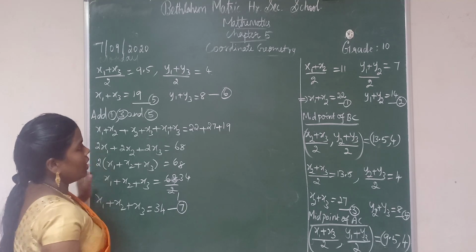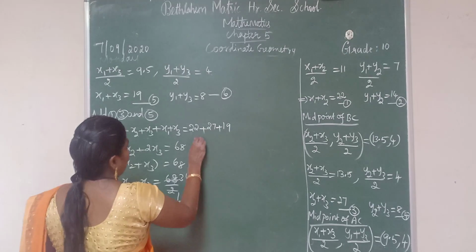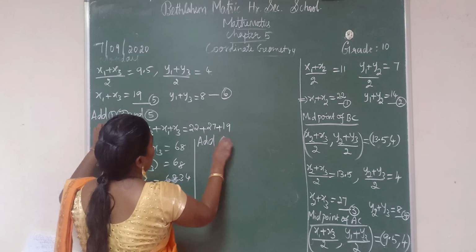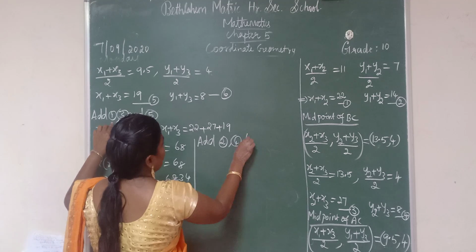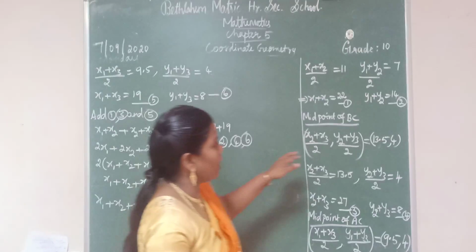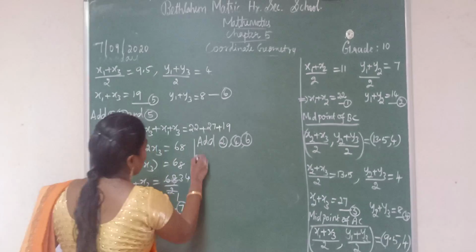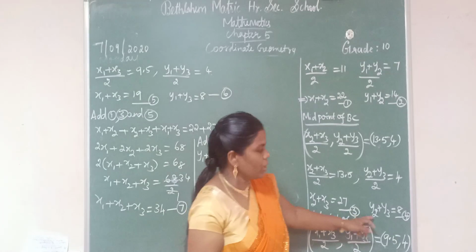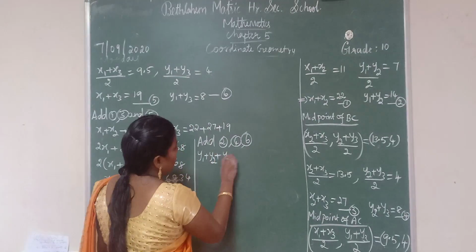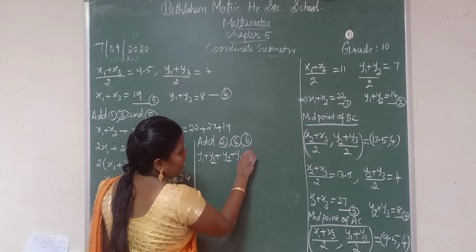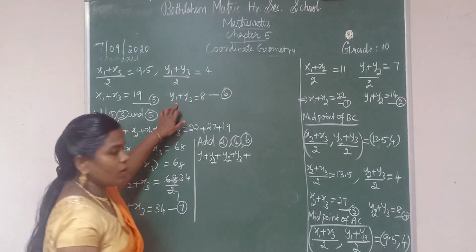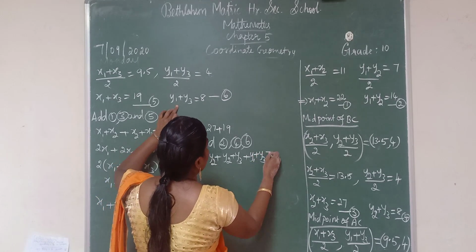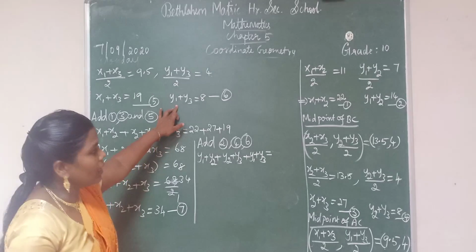Similarly, we can add equations 2, 4 and 6. What is equation number 2? On the LHS, y1 plus y2, plus equation 4, y2 plus y3, plus equation number 6, y1 plus y3, is equal to all the RHS added.